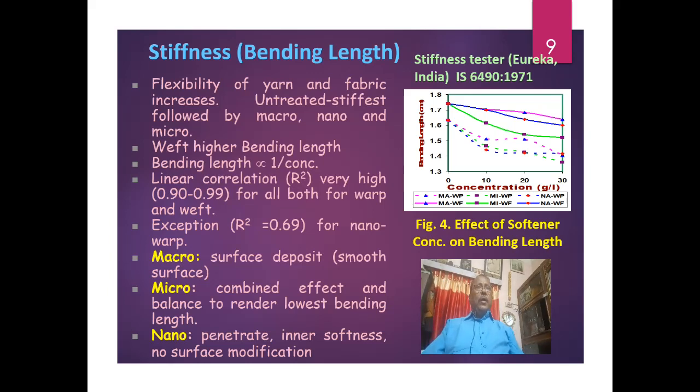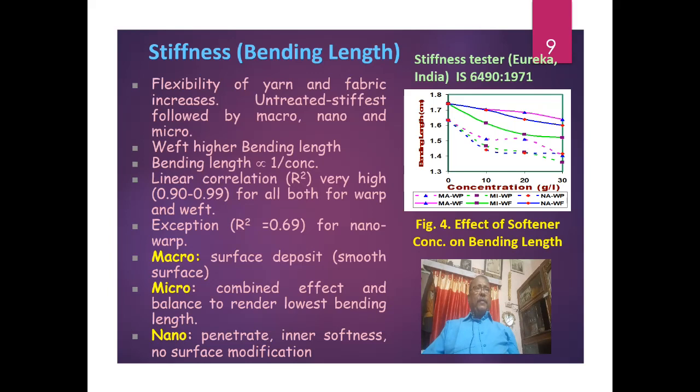Now, for all softeners, for warp and weft, the correlation between bending length and concentration was linear, and the coefficients of correlation were very high, from 0.9 to 0.99. The exception was nano warp.